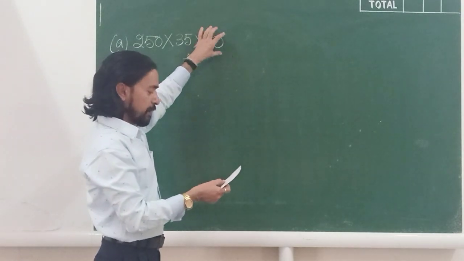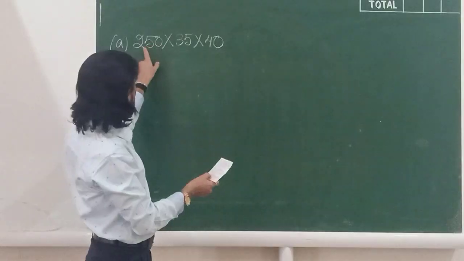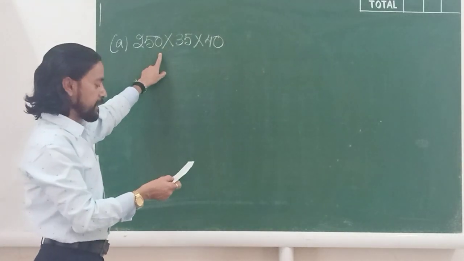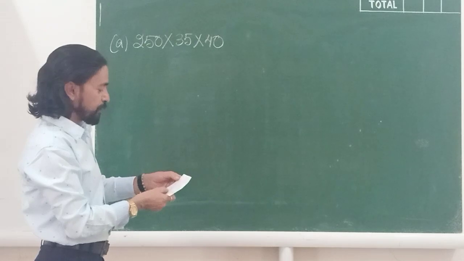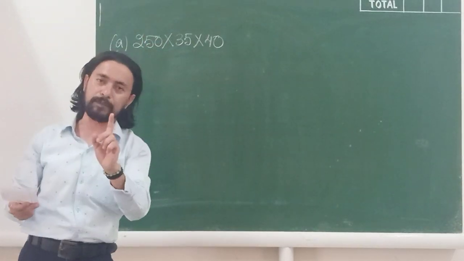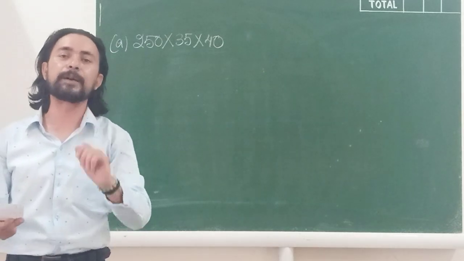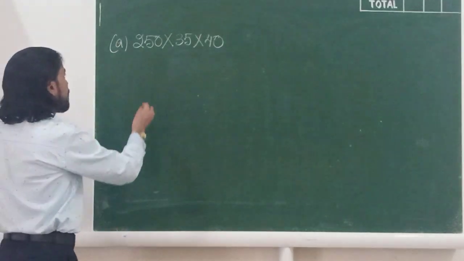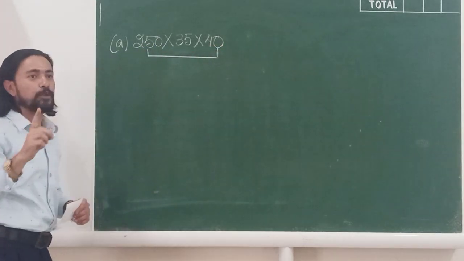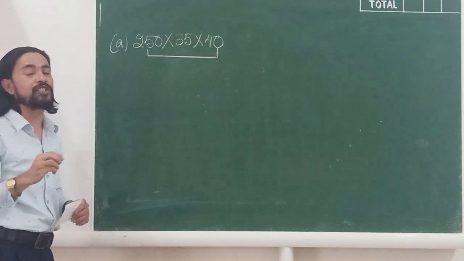40, look at your table carefully, 40 into 25 gives me 1000 and I have to add one more zero. Or I take 250, which is right at the top of the table, 250 into 4, this will also give me 1000 and I have to add one more zero to become 10,000. So, to make my work convenient, I will club these two, because I am doing according to suitable arrangement.